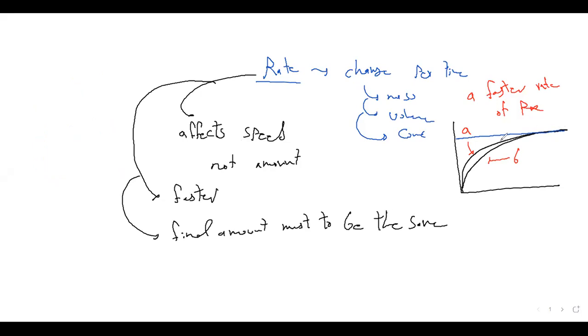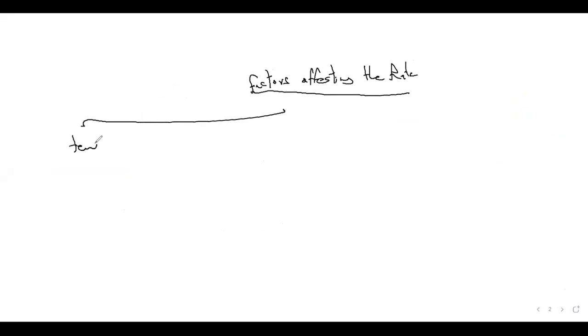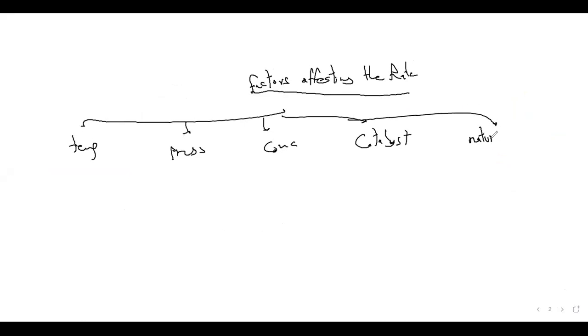What are factors affecting rate of reactions? Factors affecting the rate: temperature, pressure, concentration, catalyst, and surface area or nature of substance.